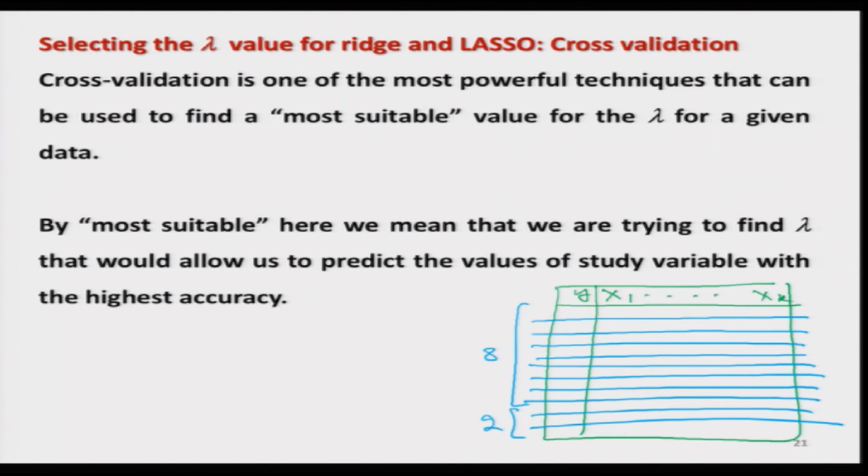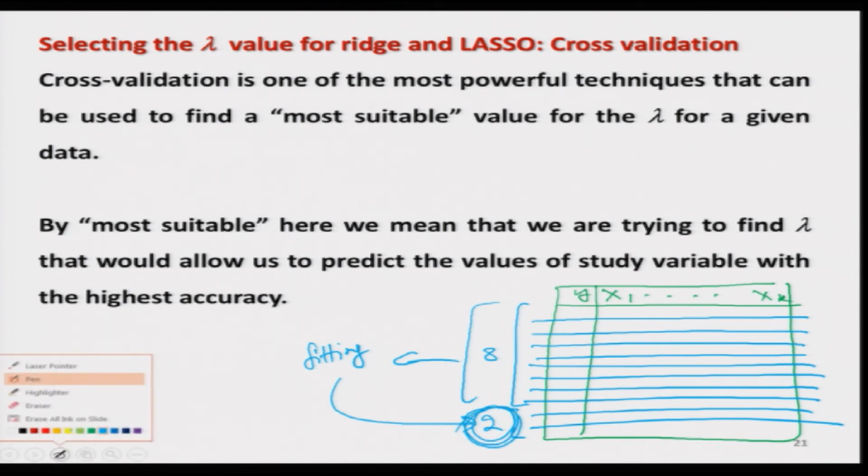So I will use the 8 parts for the model fitting, and then I will use this model to judge the model fitting over the remaining 2 parts of the data. So I will try to cross validate my model with these 2 parts of the data.